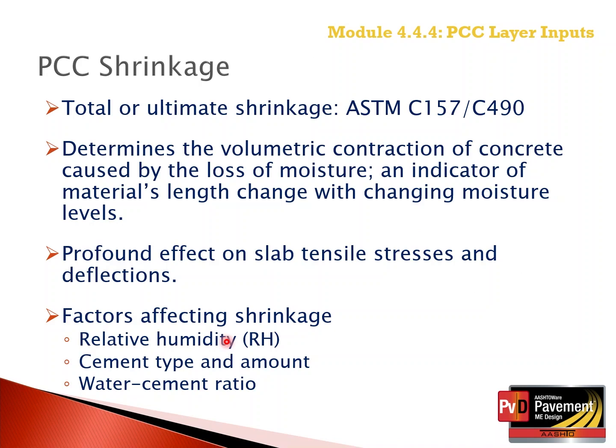The ultimate or total shrinkage of the PCC slab can be measured in accordance with ASTM C157 and ASTM C490. The total or ultimate shrinkage of the PCC is an input variable that estimates the contraction of the PCC slab due to volumetric contraction caused by a loss of moisture as the slab cures over time.